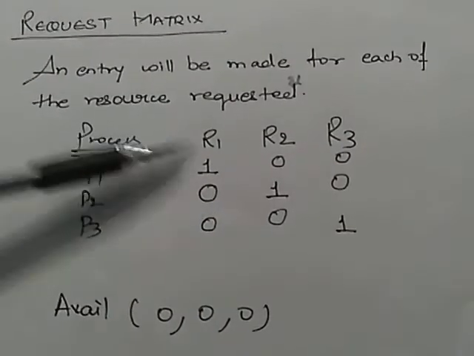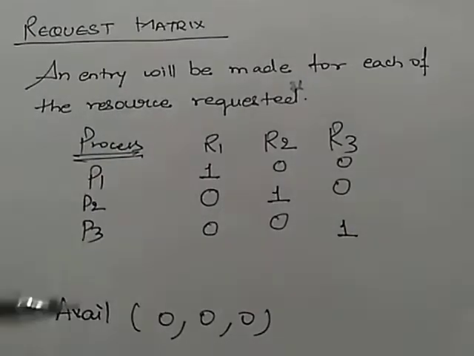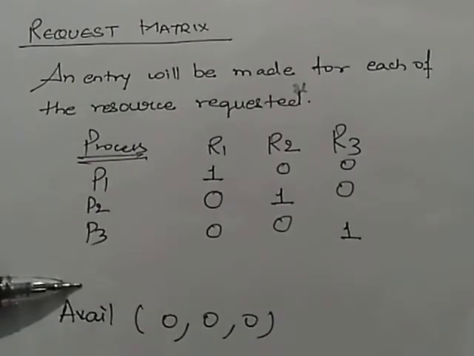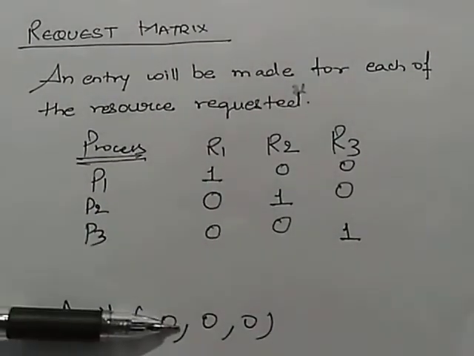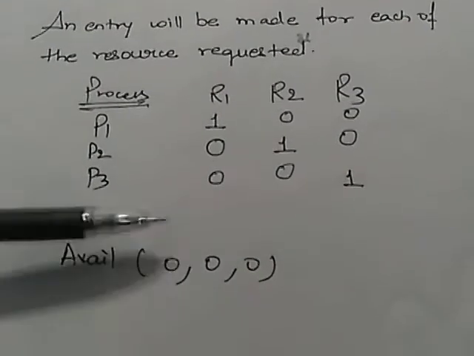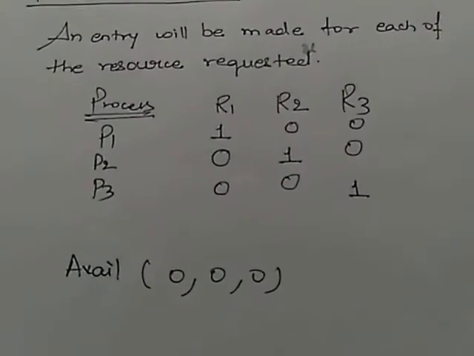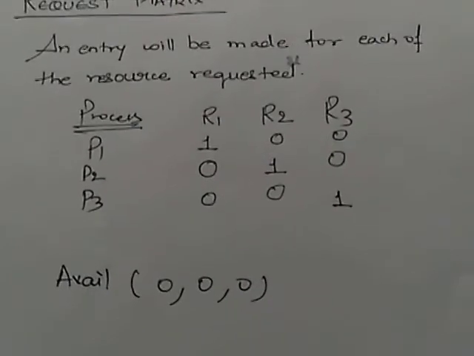None of the resources are available, so we have to put the available matrix equal to 0, 0, 0. It means a deadlock is detected here. Hope you have understood this one. Thank you very much.